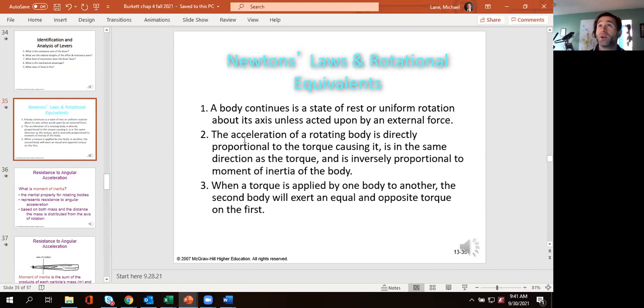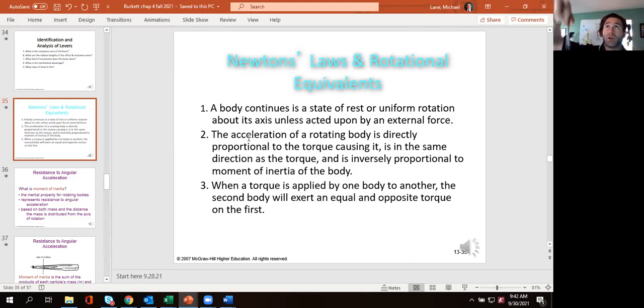Now, acceleration is always going to be related to the torque that is causing it. It's going to be in the same direction as the torque, and it's going to be inversely proportional to the amount of inertia. So, for example, if I take my hand and try to spin this pen, I'm creating a torque on it to turn it. The pen's pretty light, so it's not that hard.